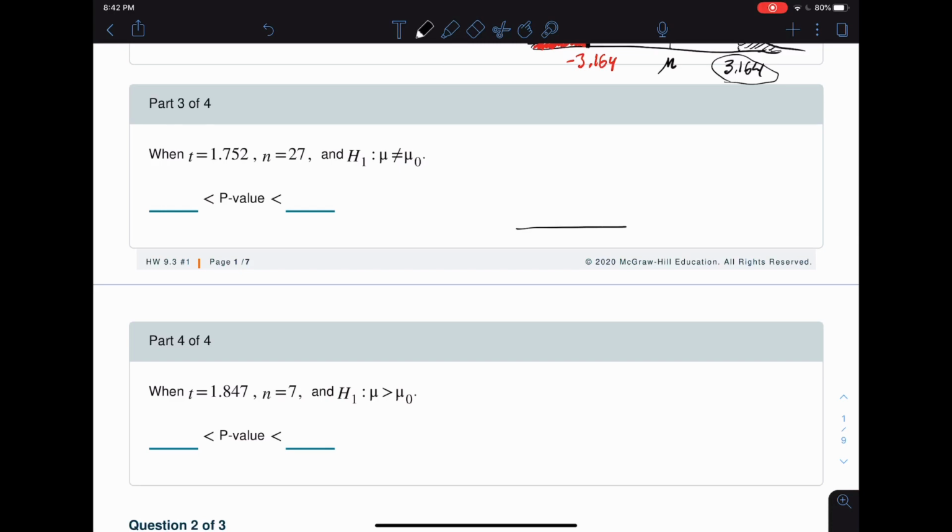So let's get our picture. There's your mean. My alternate says it's not equal. Okay, that means my test is going to have to be a two-tailed test.